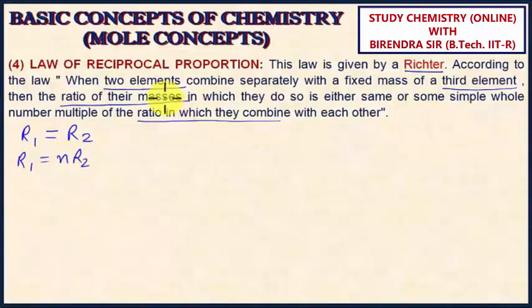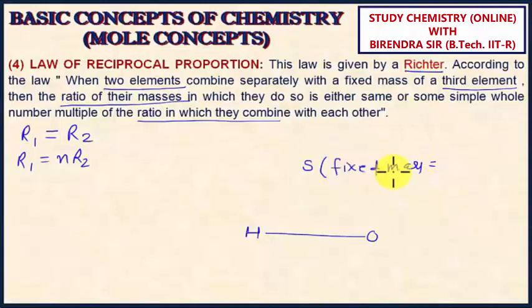Okay. Now back to the law. I have to take two elements. So you can take, for example, H and O. These two elements according to the law combine with the fixed mass of third. Let the third element as sulfur and you have to keep the mass of this third element fixed.